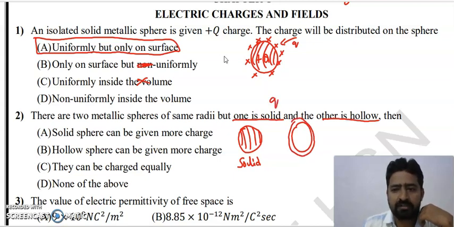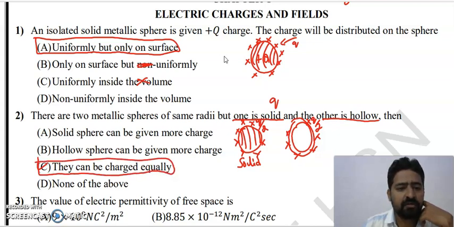If the charge is given, how will it be distributed? The charge is distributed equally, Q by 2 and Q by 2, only on the surface. So which is the right answer? They can be charged equally. Option C is the right answer for the second one. Then go to the third question.